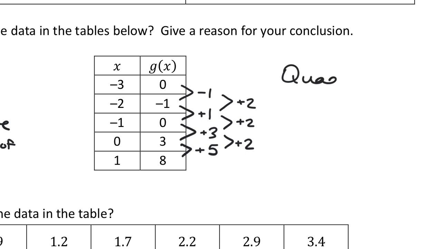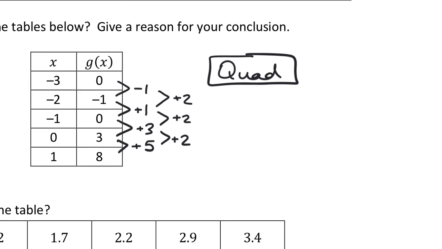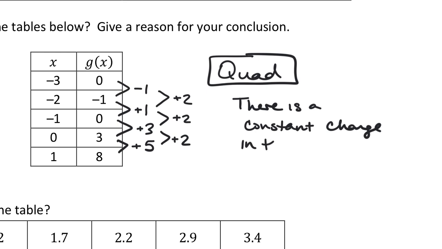Quadratic. Now the reason, you can give me multiple different types of reasons that this is quadratic. The one I'm going to write down has to do with the rates of changes because that one's the most uncomfortable, I think, for us. So we can say there is a constant change in the rate of change.